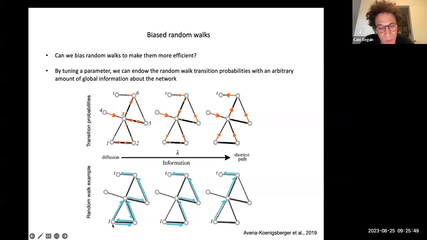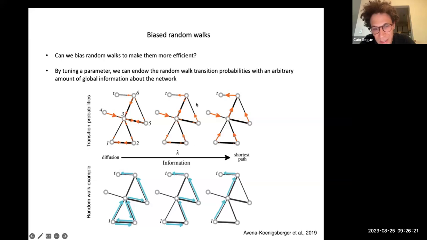So if you start at node 1, a potential random walk that you could describe is something like this, right? You go around here a couple of times, then you come out this way, this way, this way, and eventually you get to your target. But if you tune this parameter with a target T in mind, you actually downplay the transition probabilities of connections that do not lie on the shortest path to the target, and you upplay the transition probabilities of connections that lie on the shortest path to the target.